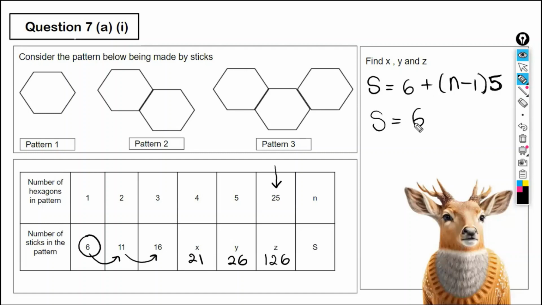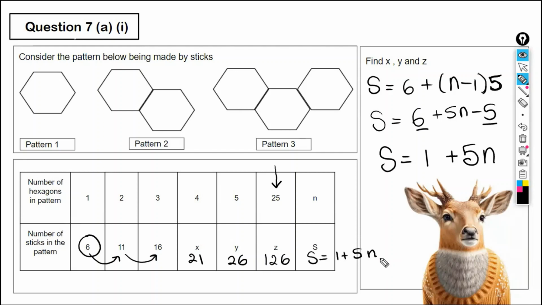And if we simplify this, like multiply everything inside there by 5, we're going to get 5n minus 5. So S is equal to 6 minus 5, which is 1, plus 5n. And that's the answer over here. We're supposed to put S is equal to 1 plus 5n. So anytime we know n, we could quickly calculate S, which is the amount of sticks.